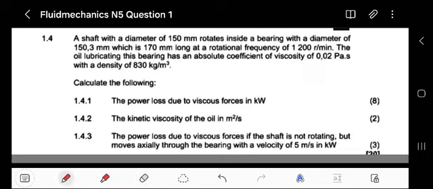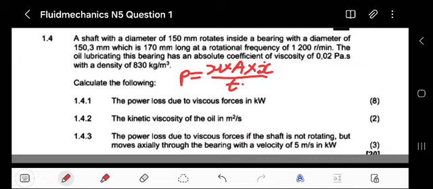Then everything is done. If we know the power now, what is the force? We know that the force is the coefficient of dynamic viscosity multiplied by area multiplied by the velocity divided by the thickness.